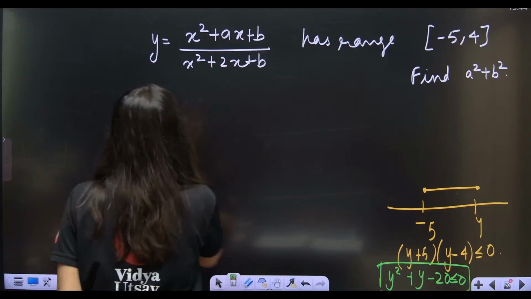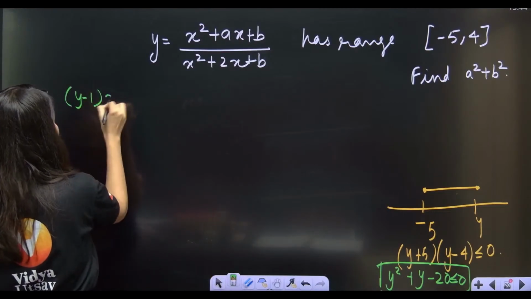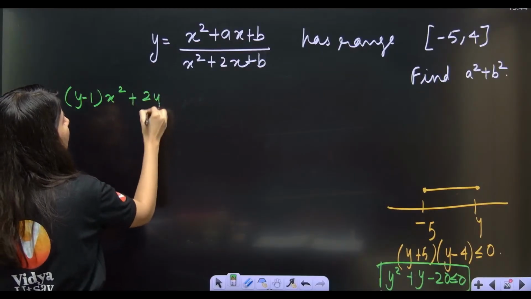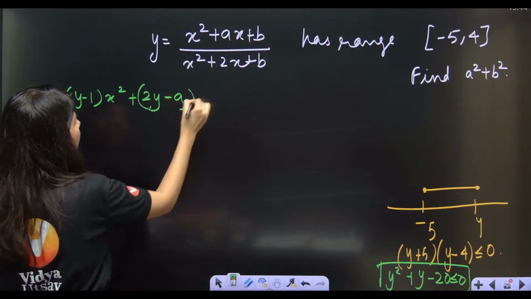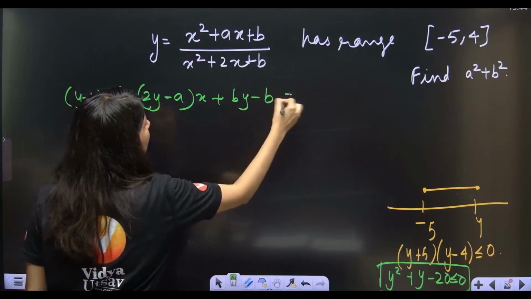Okay. Now compare y times x square. So y minus 1 x square plus 2xy plus 2y minus a x plus by minus b equals 0.